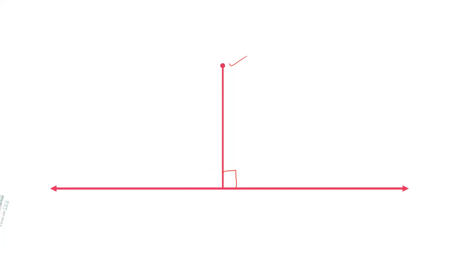If you name this line, you can name it as AB, and the line drawn meets at a point which can be named as M. So this PM line segment is perpendicular to the line AB, and a representation like this shows that it is perpendicular to AB.